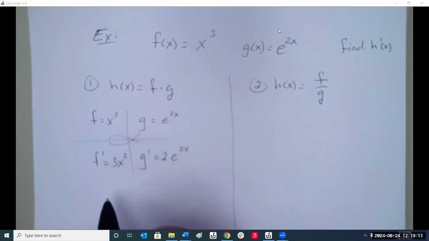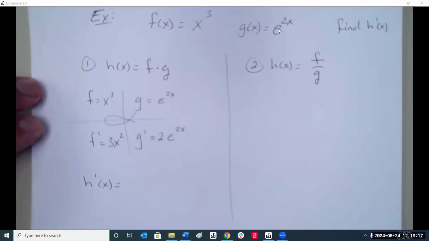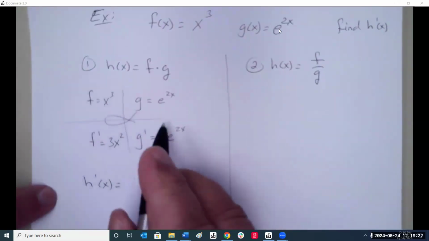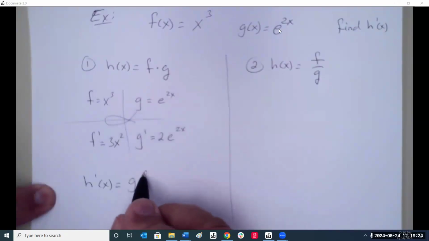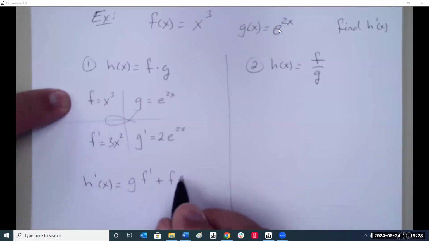So use the fishy thingy for the product. We add them. So it's G times F prime plus F times G prime.